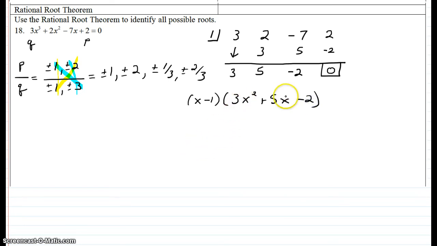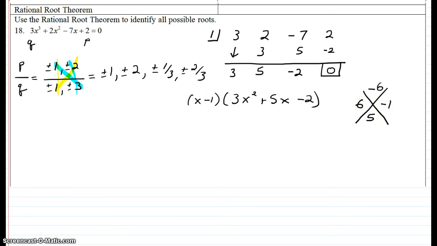And so now you need to factor this. So now you write the factors. Do the a times c, so the numbers are going to multiply to -6, but add to 5. So since it's a -6, you might think 2 and 3 work, but since this is negative, that wouldn't work because one of them would have to be negative, and then it wouldn't add to 5. So it means we're going to have 6 and -1.